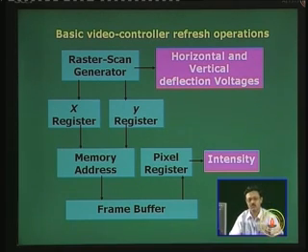It will be clear to those students who have some background of computer organization and even a little operating systems. Concepts of computer organization and architecture are probably more important to understand this block diagram, where you access a particular point in the frame buffer, get the intensity through the pixel register, and put that intensity voltage on the electron beam to dictate the strength of the beam or the intensity of the pixel on the screen, while the horizontal and vertical deflection voltages dictate where the beam is. Okay.